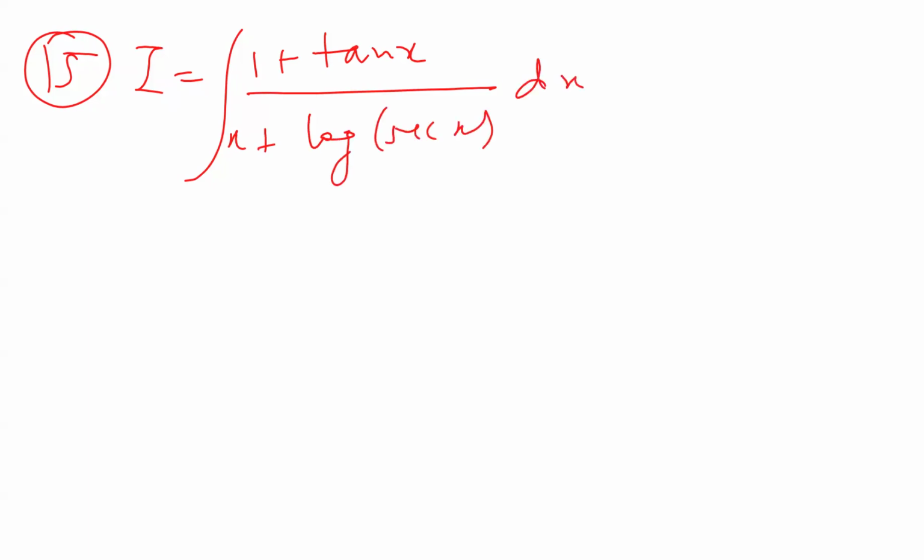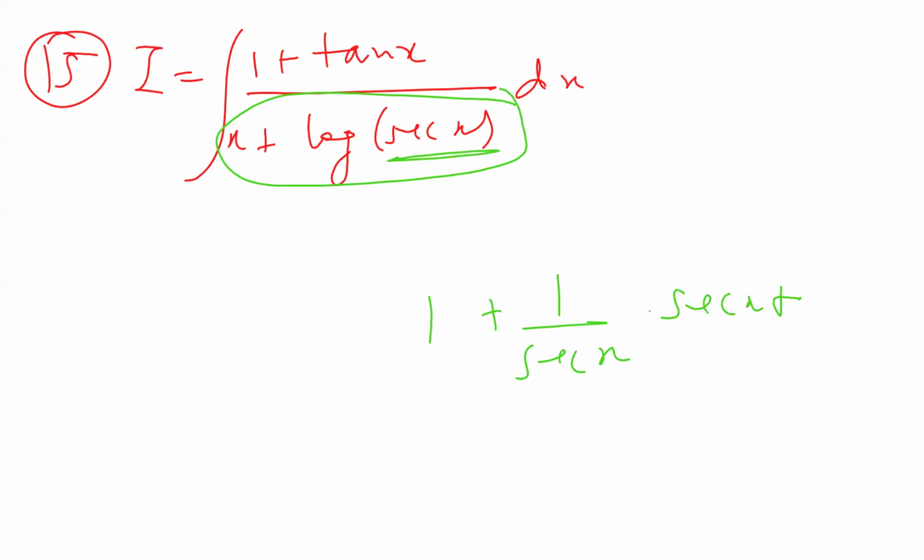So this can be solved using two ways. If you differentiate the denominator, you will get the derivative of the denominator as 1 plus tan x only. Because the derivative of x is 1, and of log sec x is 1 upon sec x into d/dx of sec x, which is sec x tan x. So the derivative of the denominator is the numerator only.